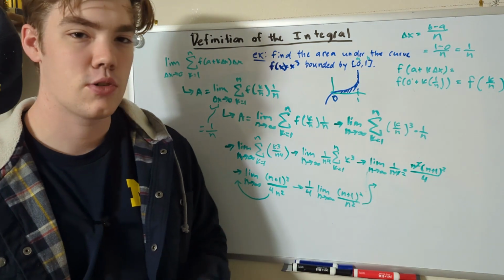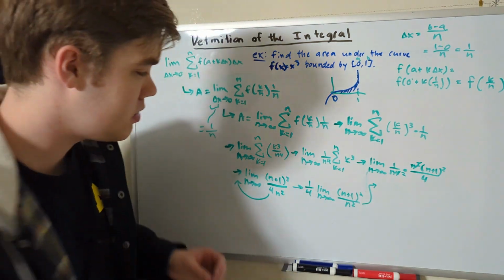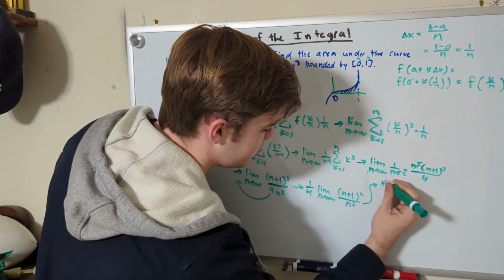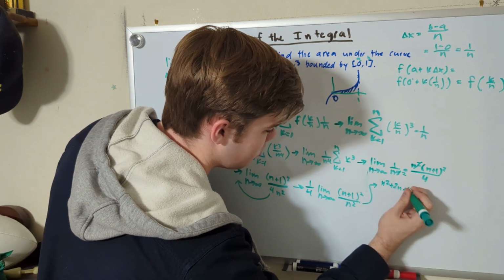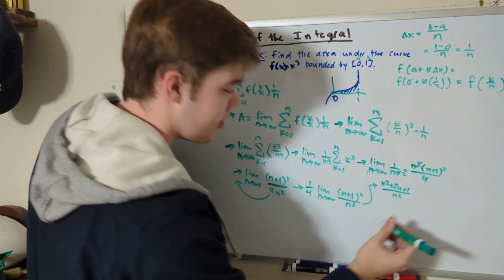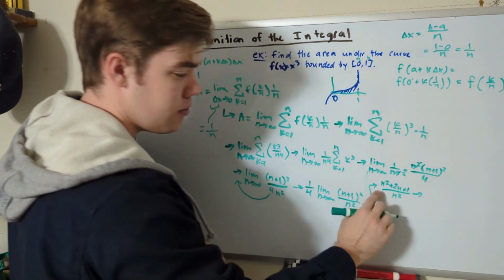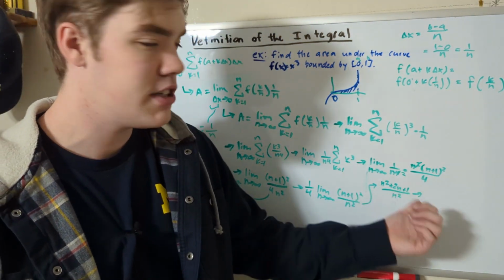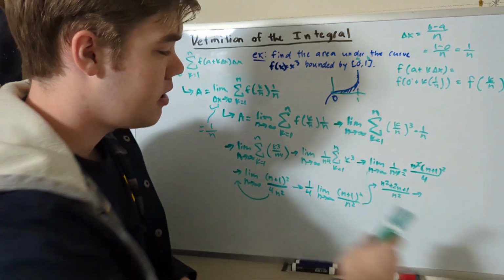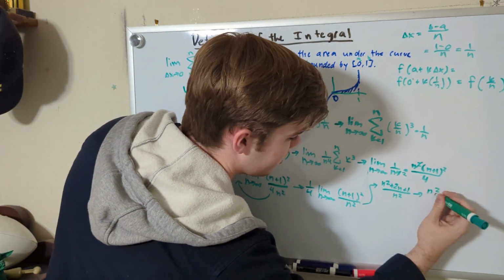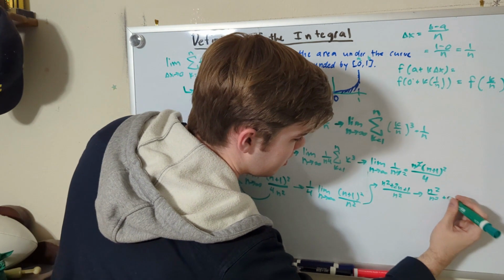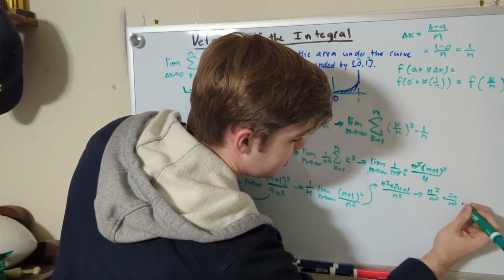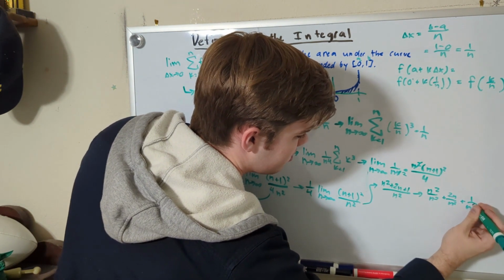Expanding n plus 1 squared is equal to n plus 1 times n plus 1, which is equal to n squared plus 2n plus 1, all divided by n squared, which then we can split by addition. Since our numerator is split by addition, we can split each of these individual values to be divided by n squared, which is then equal to n squared divided by n squared plus 2n divided by n squared plus 1 divided by n squared.